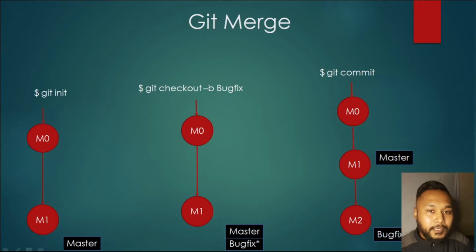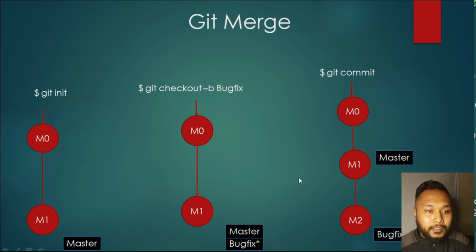So as you can see on the screen, you have the figurative representation of how the nodes and branches work in the procedure of Git Merge. In the first figure, you can see when you initialize a repository, the node M1, the main node master, is created, and while we create the branch bug fix and check out to that branch, we're currently staying on the bug fix, and that's denoted by an asterisk, but it is not separated from the master node.